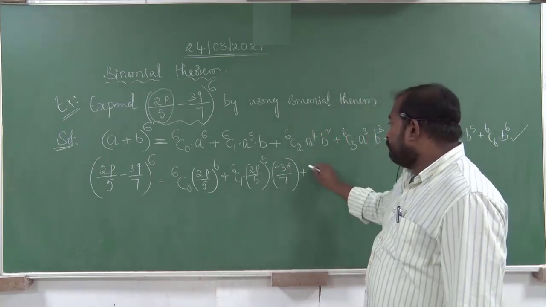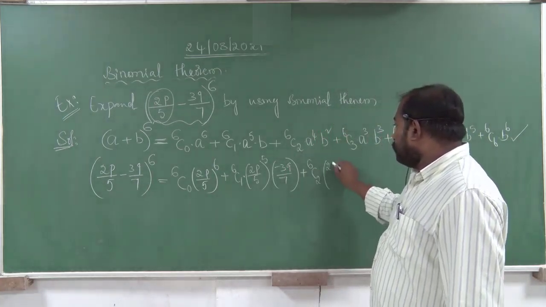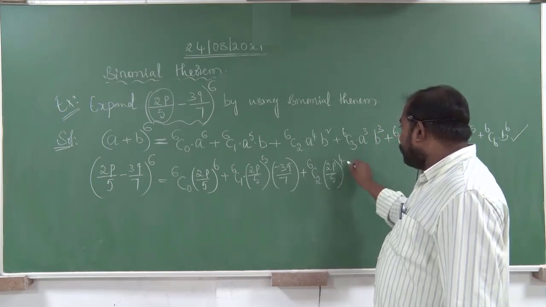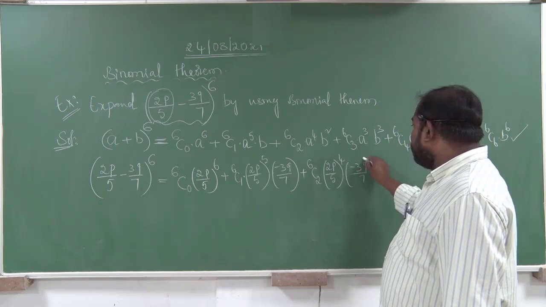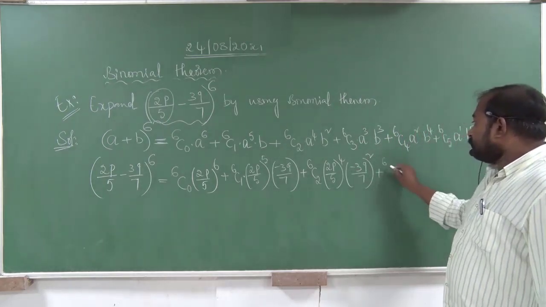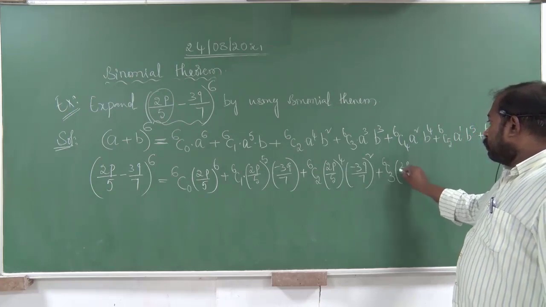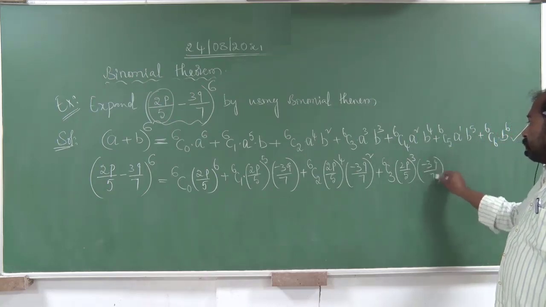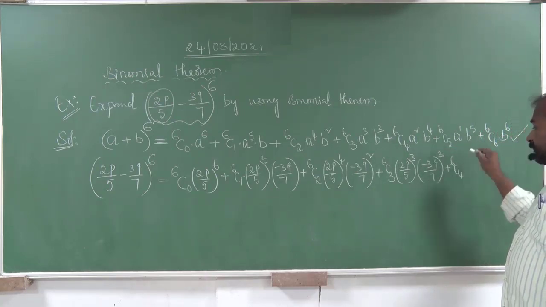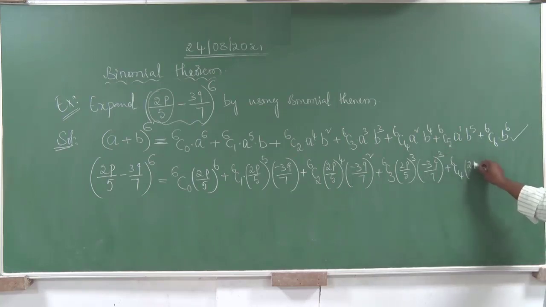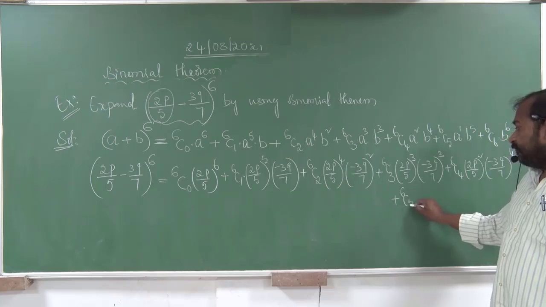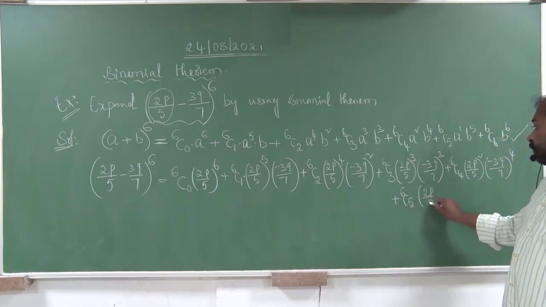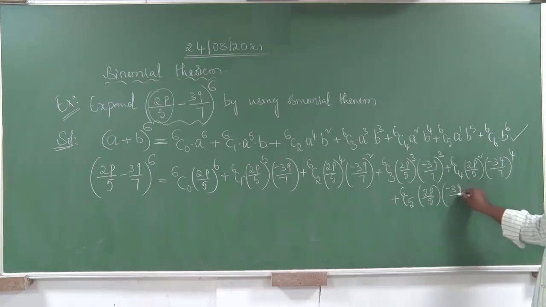Plus next value, 6c2 into (2p/5) whole power 4 into (-3q/7) whole square, plus 6c3 into (2p/5) whole cube into (-3q/7) whole cube, plus 6c4 into (2p/5) whole square into (-3q/7) whole power 4, plus 6c5 into (2p/5) into (-3q/7) whole power 5.